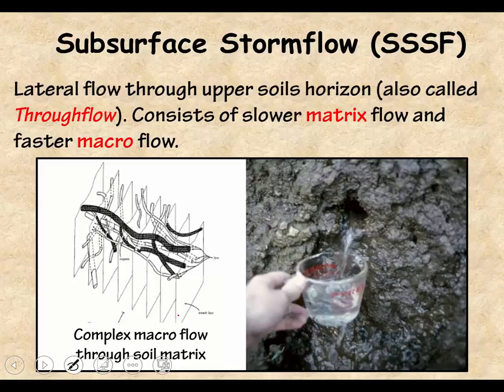And it's basically a combination of matrix flow and macro flow. Matrix flow is just kind of working through the matrix, but look at this water coming through here. That's macro flow. It's probably a burrow, could be a rooted area. So there are areas where the water can really just gush out, and it's moving through, and it's going to hit the river. Okay.